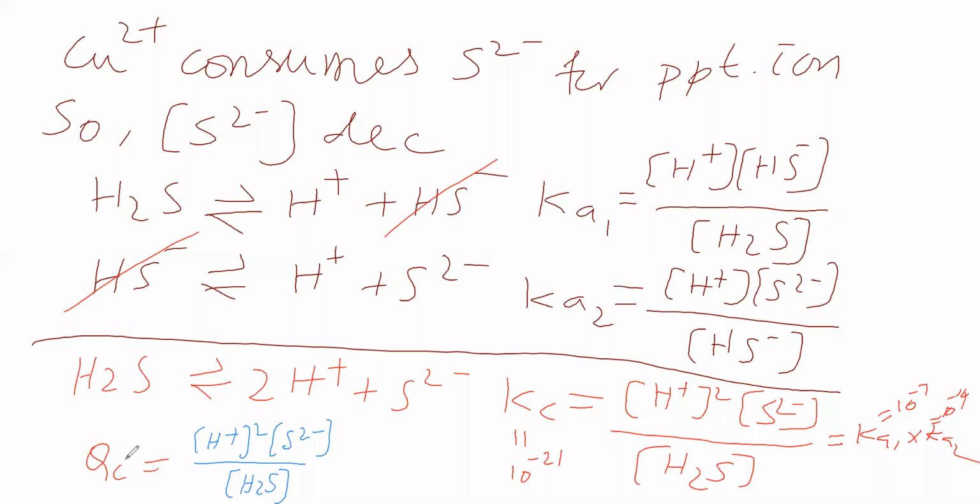So Qc is for when the system is not at equilibrium, and Kc we take when the system is at equilibrium. Now the system is not at equilibrium, so we will take Qc.